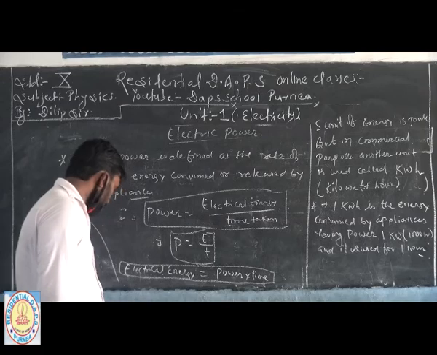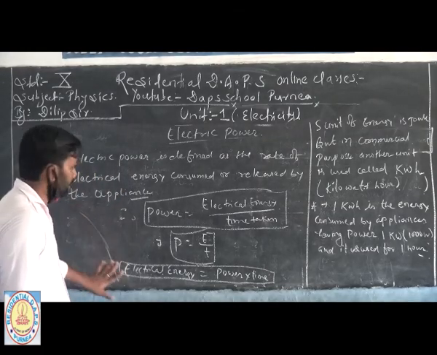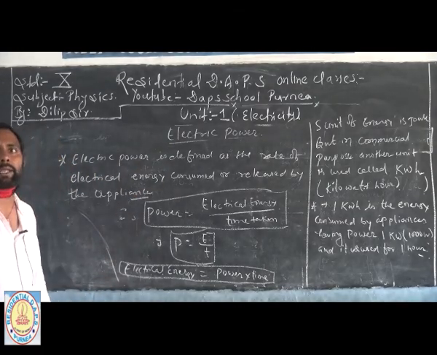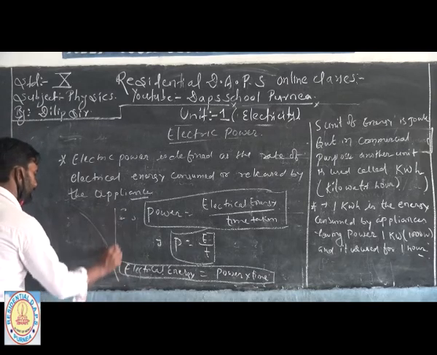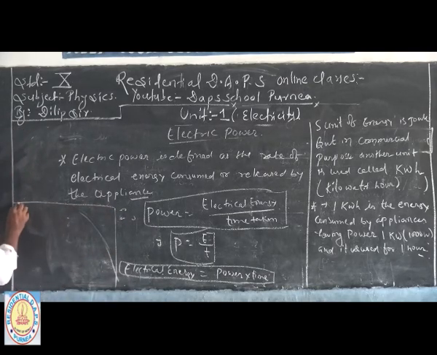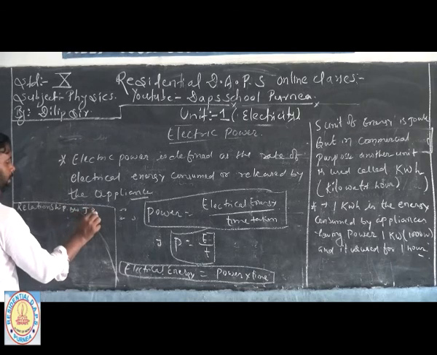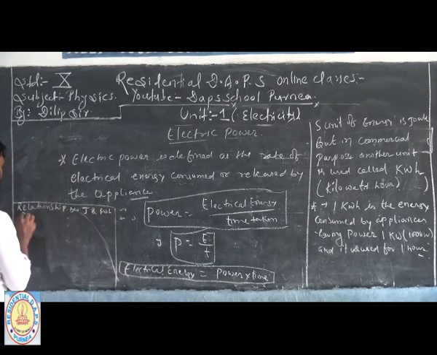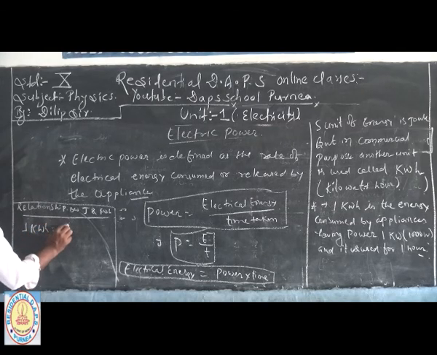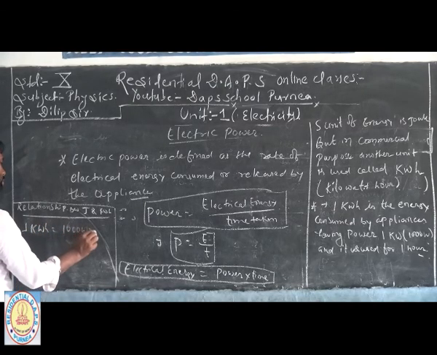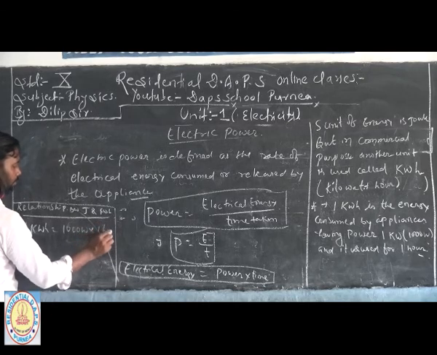Now next topic is we are establishing the relationship between the kilowatt hour and the joule. As we know, 1 kilowatt hour equals 1000 watt into 1 hour.